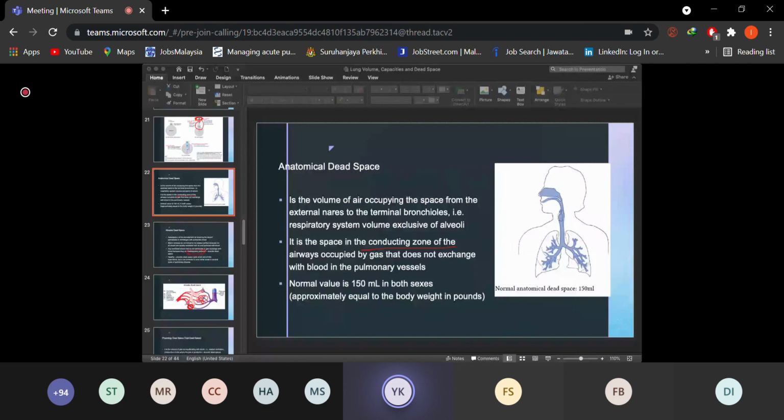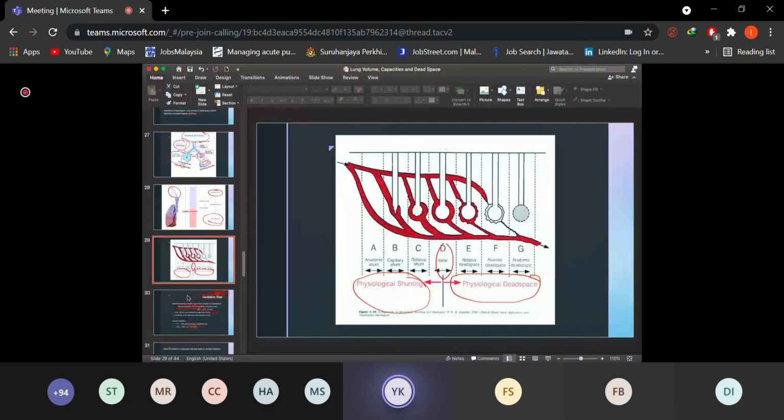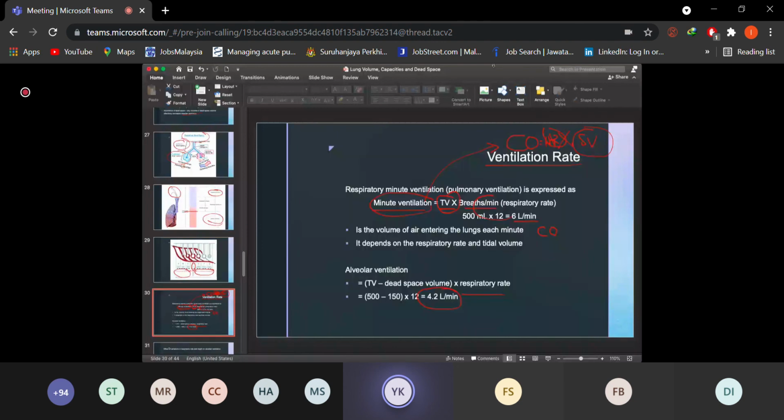So next, after the dead space, you have to know the ventilation rate. The ventilation rate is more or less the same as your cardiac output. If you remember the cardiac output formula, then you will remember the ventilation rate because it's the same.